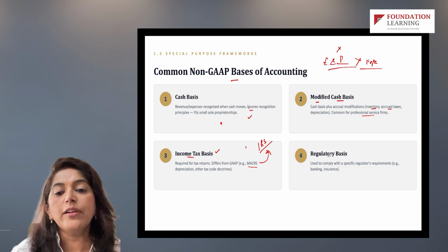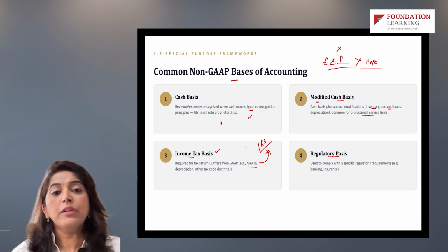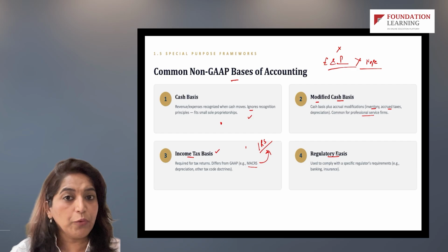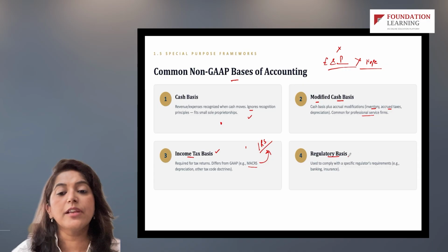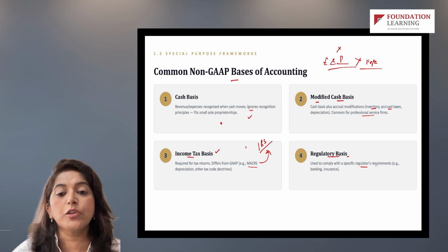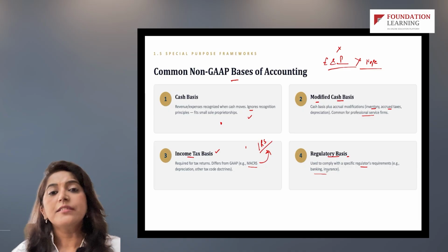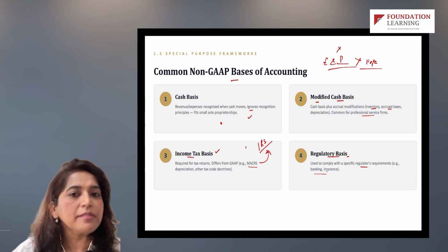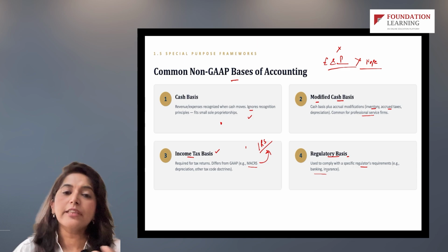Then you have regulatory basis. If you are in a very different industry wherein regulation requires you to create financial statements on a specific basis, it's a separate set of financials, which is regulatory basis, used to comply with a specific regulator's requirement. Let's say you are in the banking industry or the insurance industry, a different set of financials, or rather very similar sounding financials but with a different treatment of various line items, is accepted.